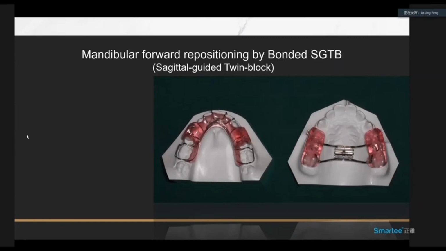The sagittal guided twin block was fixed or bonded SGTB. The upper piece is not removable, and the lower piece is movable. But the patient has to wear the lower piece to have a good position of the mandible.